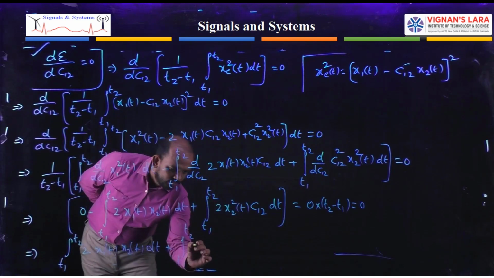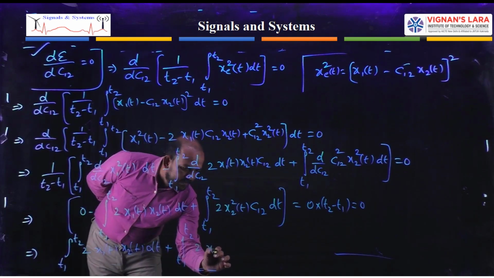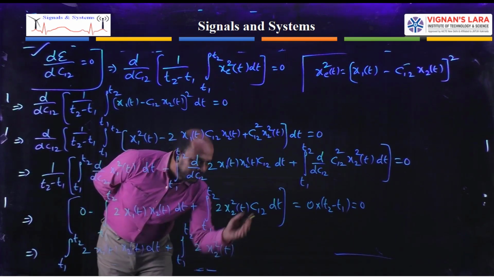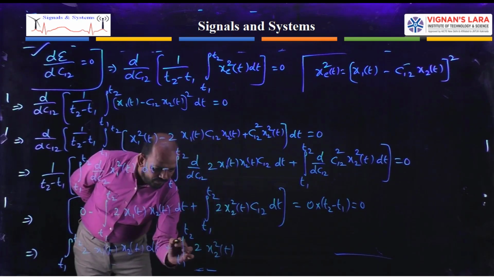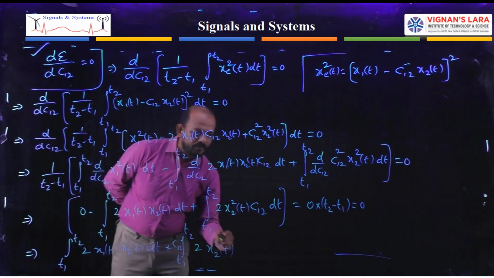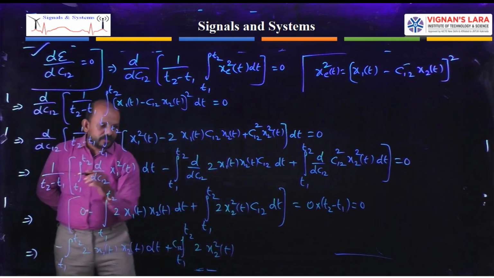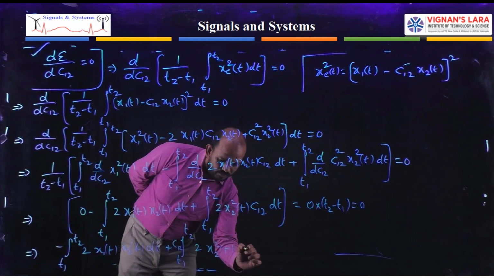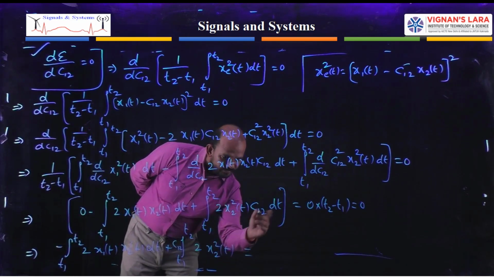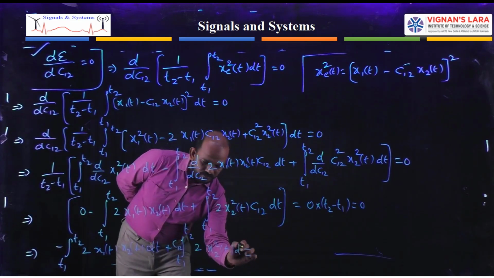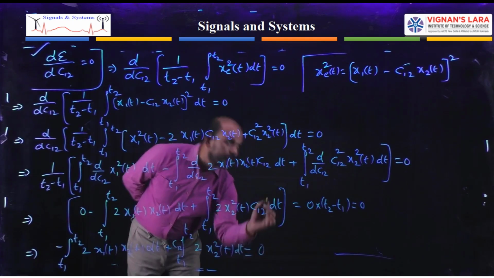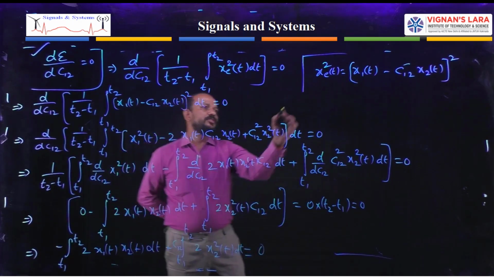So here 2 x2 square of t, and c12 is a constant. I am keeping this outside, c12. Okay, that will be equal to, so here the minus sign, x2 square dt, that will be equal to 0.